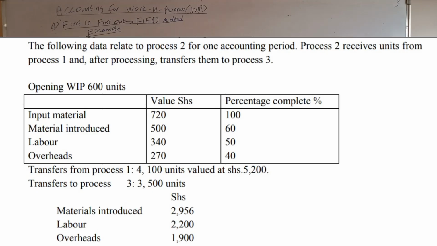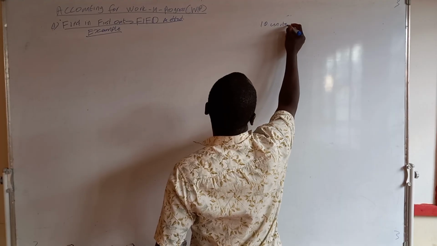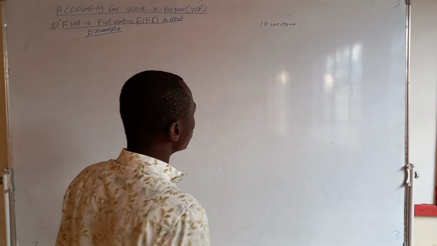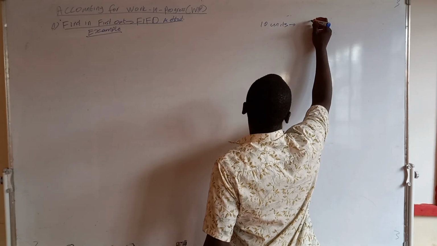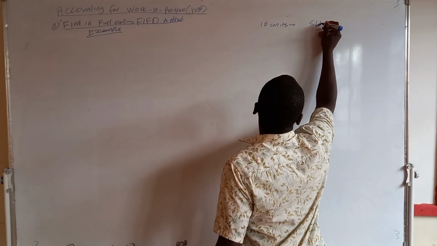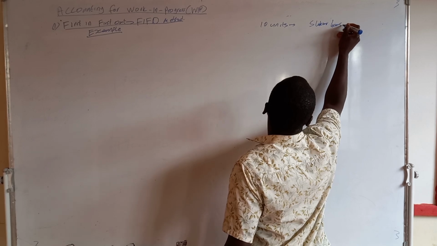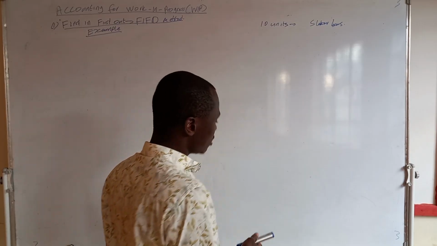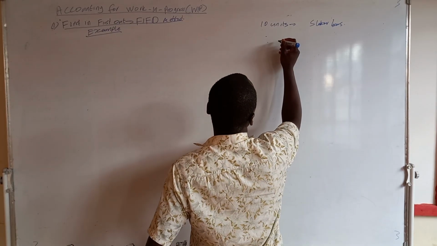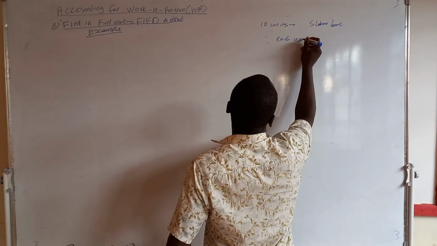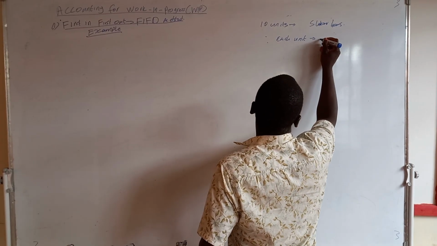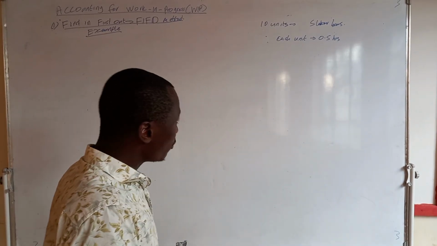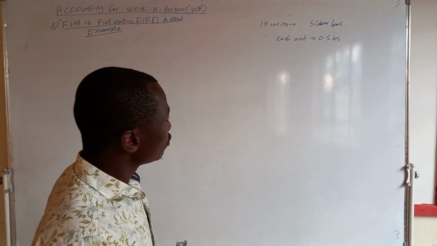For example, if we had 10 units, and 10 units were to consume a total of 5 labor hours, which means each unit is consuming 0.5 hours.